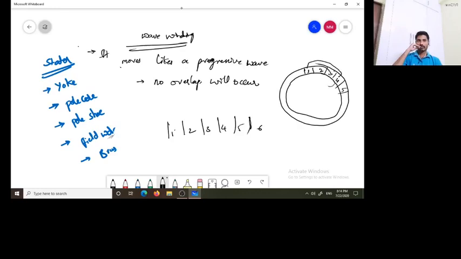Again, the fourth slot is connected with the second slot. In the same manner, depending upon the front pitch calculation and back pitch calculation, we are calculating.